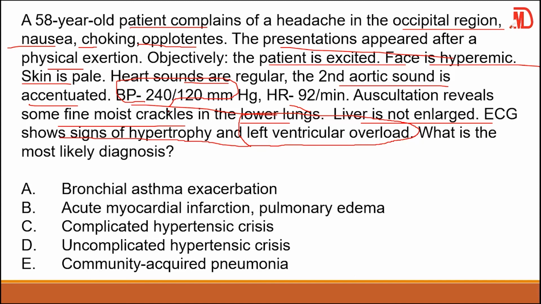But as soon as you start seeing organ damage, ladies and gentlemen, we have a complication. Now, in some books, we describe these two as hypertensive emergency and hypertensive urgency. Hypertensive emergency is organ damage, urgency is not obvious organ damage, something like that. So please take note of these two.